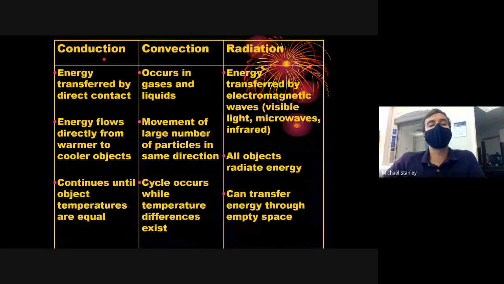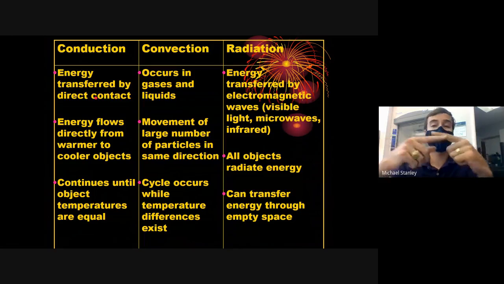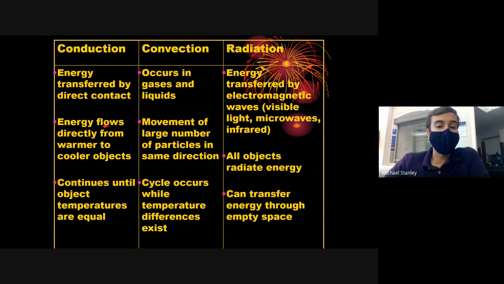So we have our conduction transfer of heat, where we're transferring by direct contact. Things have to be touching in order for the heat to go from one area to another. Again, energy is always going to flow directly from the warmer object to the cooler object. Convection is when you get that cycling inside of a fluid, like a gas or a liquid.